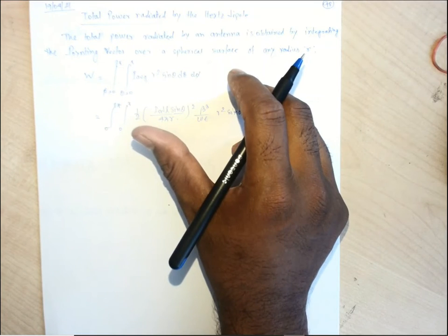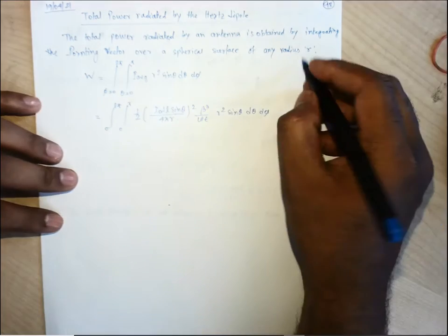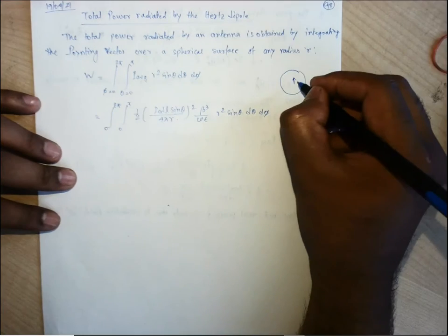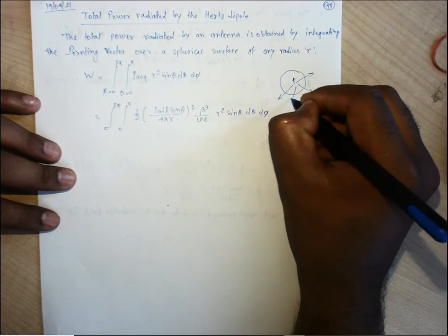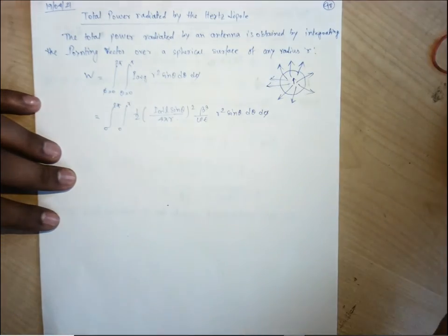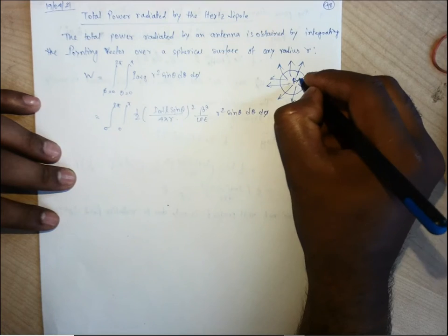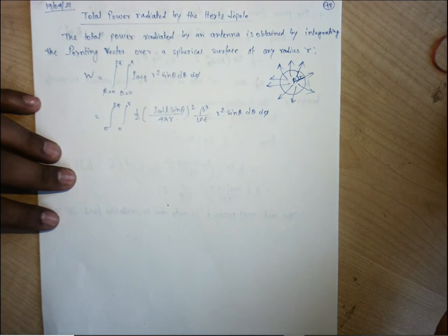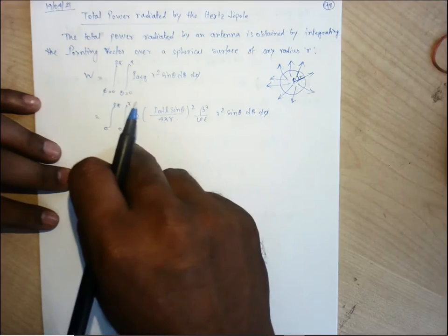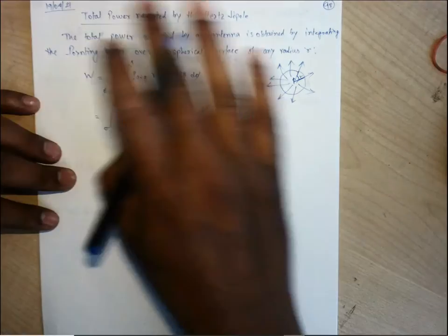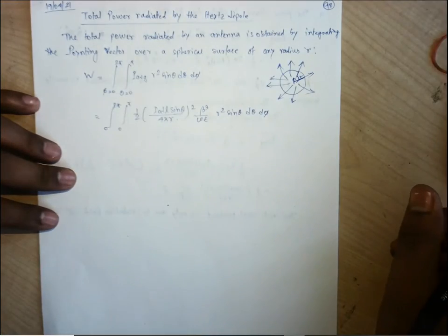If the antenna source is at the middle of this sphere, the radiation goes in every direction. Let us take this radius r, making an angle theta. This integration will not depend upon r, because on the surface of the sphere we have chosen, we have the same kind of radiation.